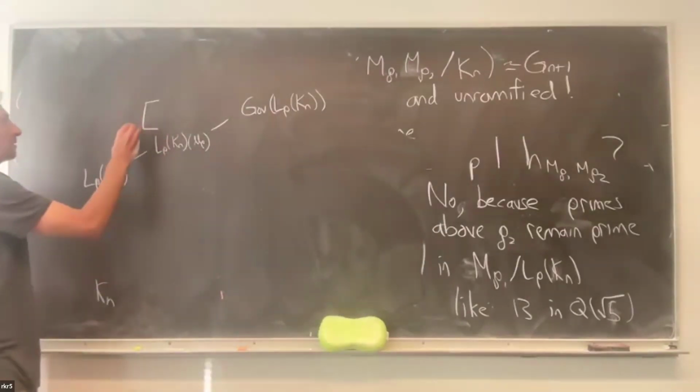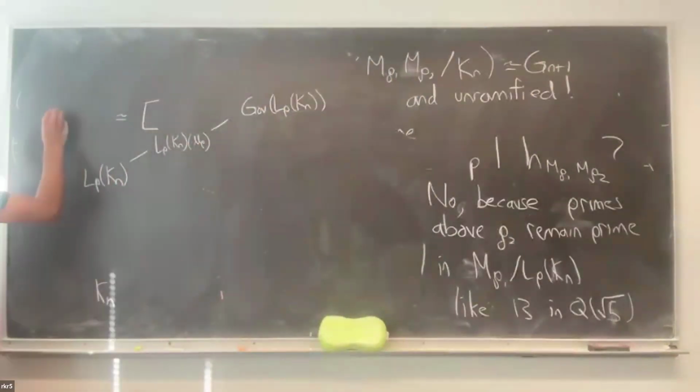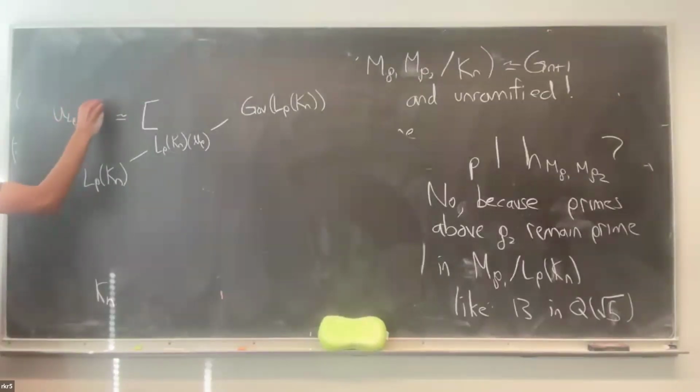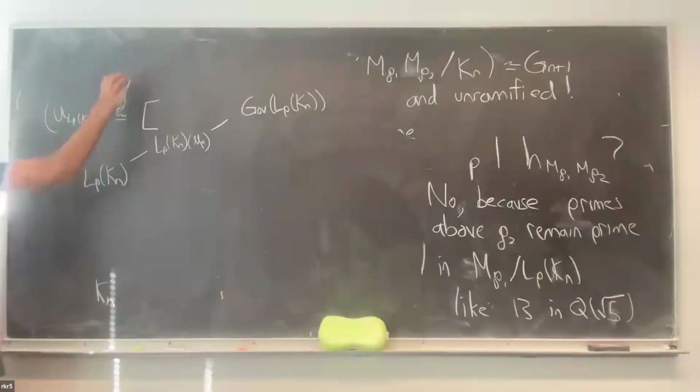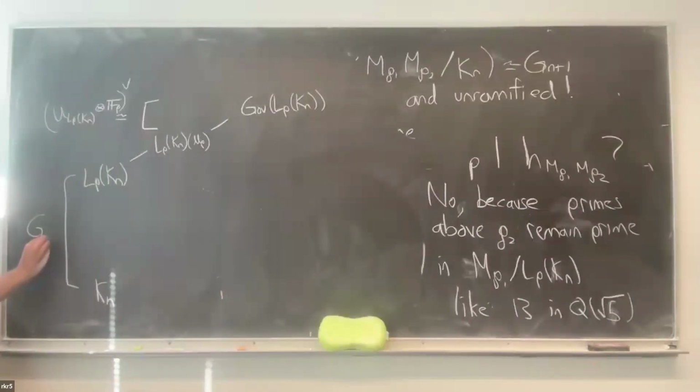So this Galois group is isomorphic to the units of LP of Kn tensor FP, dual. And we need to understand its structure as a Gn module.